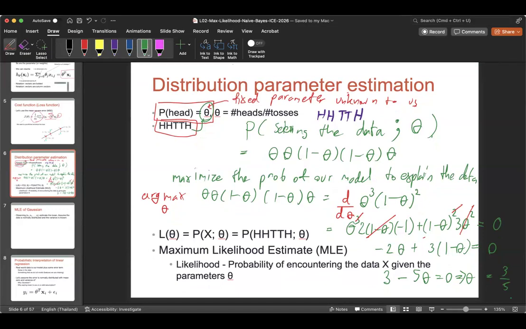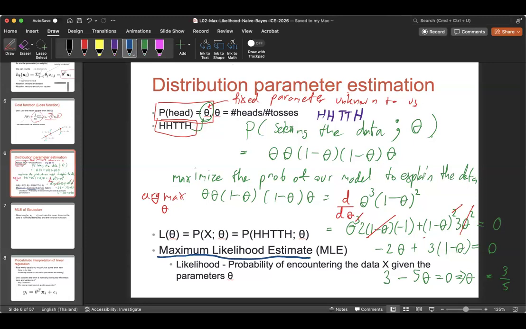So yes, this framework of setting up the probability from our model of the distribution with some parameter, we can find the parameter that maximizes the probability, right? This technique that we just did is called maximum likelihood estimate.